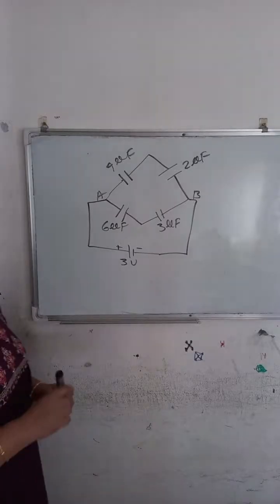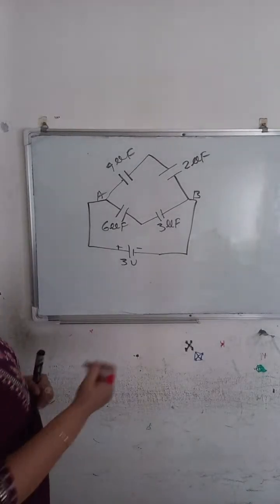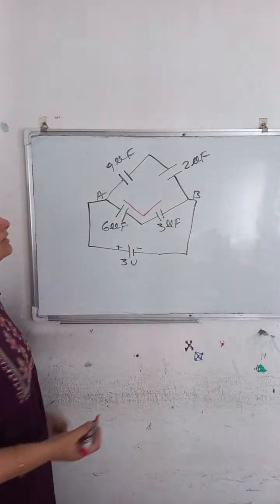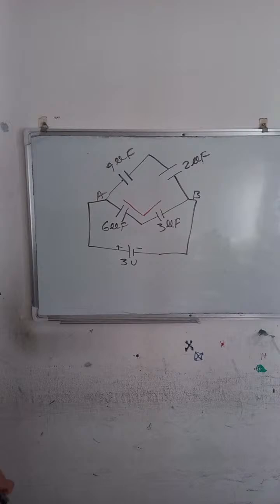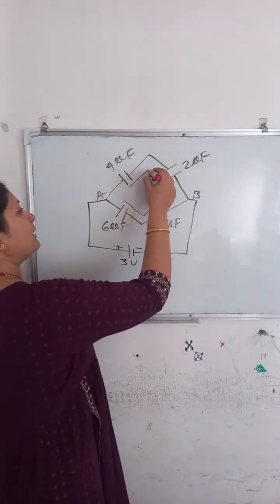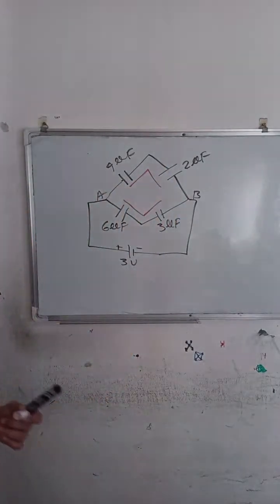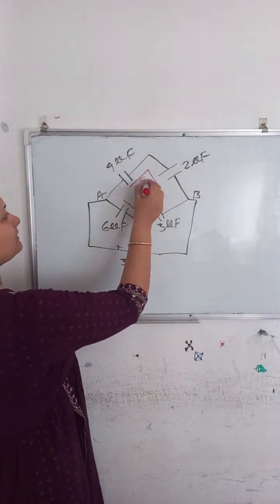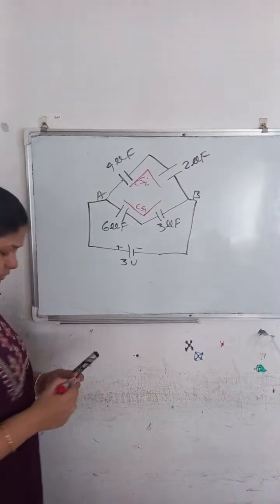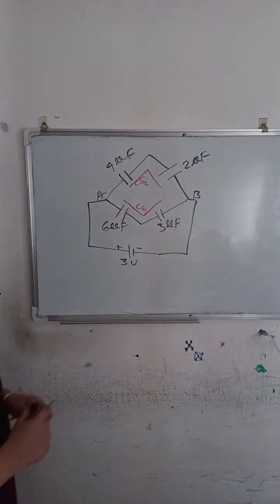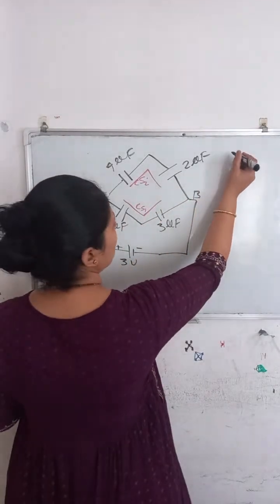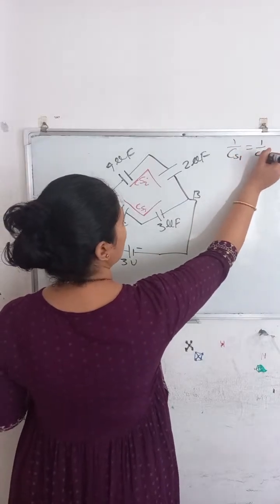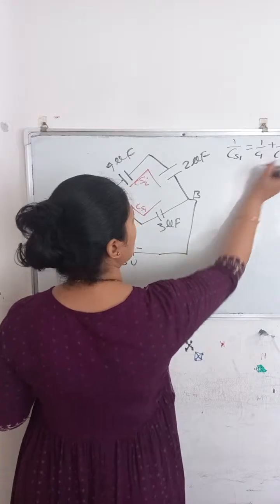Now if you observe the diagram carefully, this 3 microfarad and 6 microfarad are connected in series, and 4 microfarad and 2 microfarad are connected in series. So I will take this as CS1 and this as CS2. First we can calculate CS1. Here 1 upon CS1 is nothing but 1 upon C1 plus 1 upon C2.